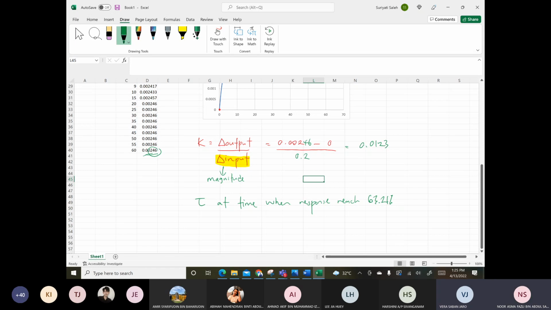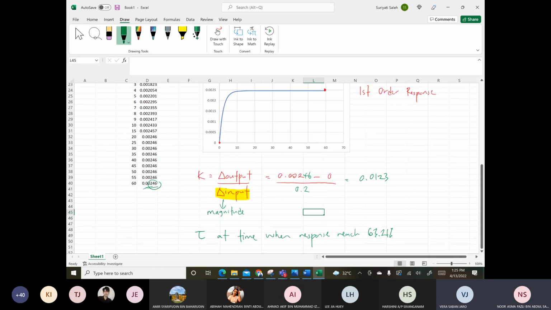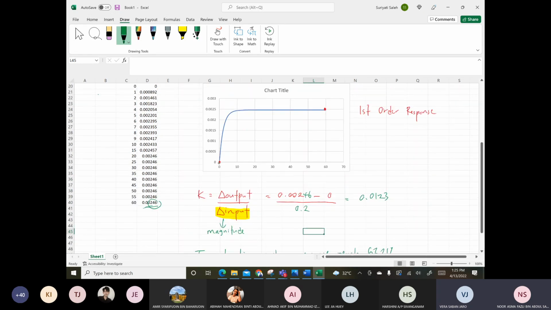So what is meant by 63.21%? Here you can see when the process starts at 0, it reaches 0.00246, the final value. That one is what we call 100%. So we need to find the value at 63.21%.